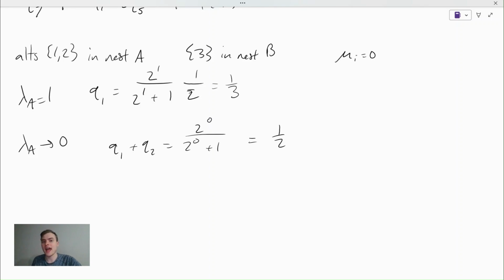So then it's like half the time we choose nest A, half the time we choose nest B. By doing 1 minus 1/2, that's the probability we choose nest B. So when the dissimilarity parameter is close to 0, the first choice is very uniform. The probability of choosing each nest is about the same.